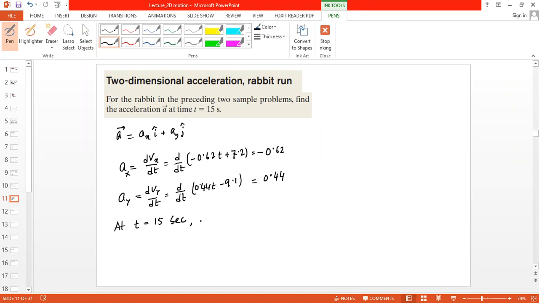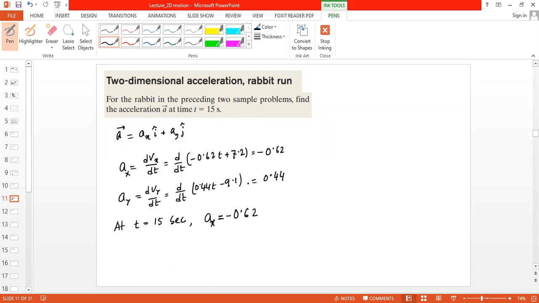So at time t equal to 15 seconds, what should be my a_x? What should be the a_x at time t equal to 15 seconds? There is no time dependence here, so it is constant. So 0.62. a_x is independent of time, at any time, at 0 seconds, 5 seconds, 10 seconds.